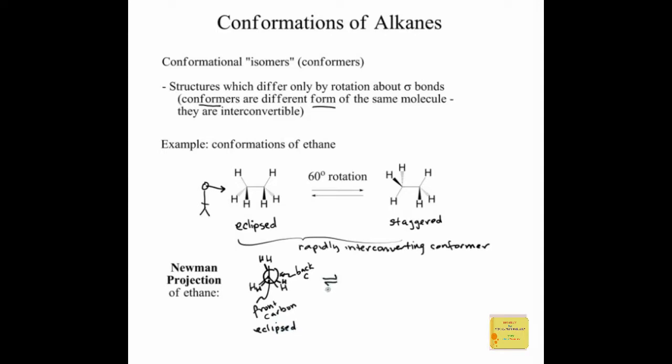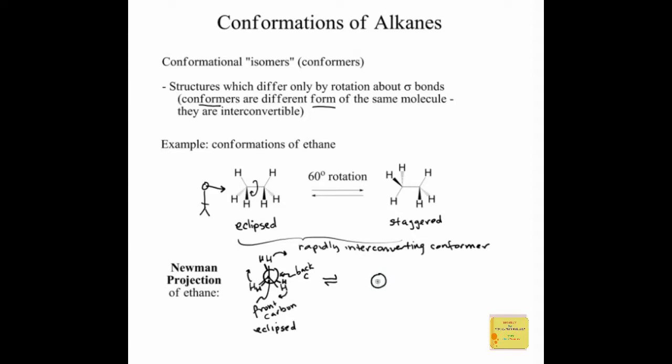If we rotate the front carbon slightly like we did here, so we rotated around this carbon-carbon bond to get this structure, now by rotating it 60 degrees, we take this front hydrogen and move it 60 degrees clockwise. All 3 groups rotate as we twist the molecule.